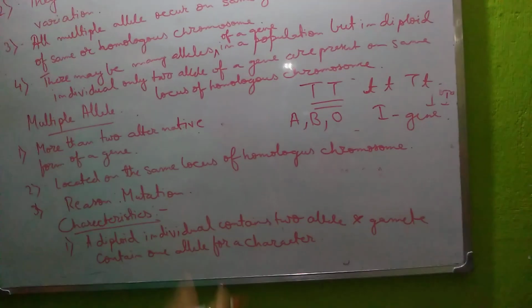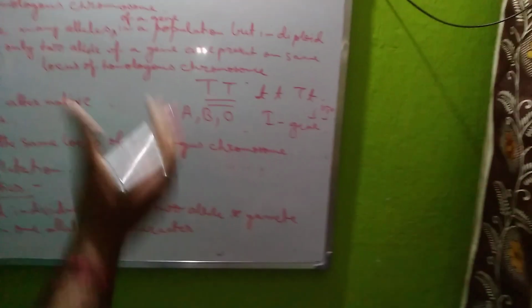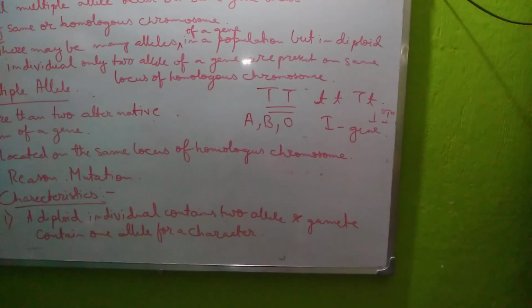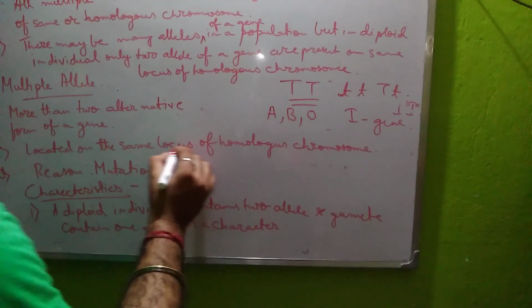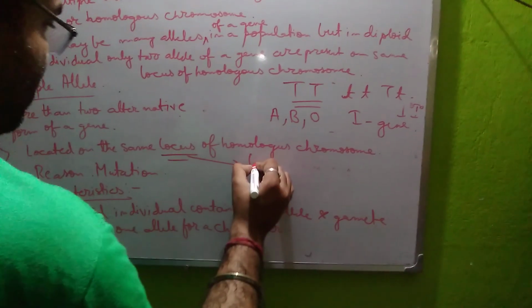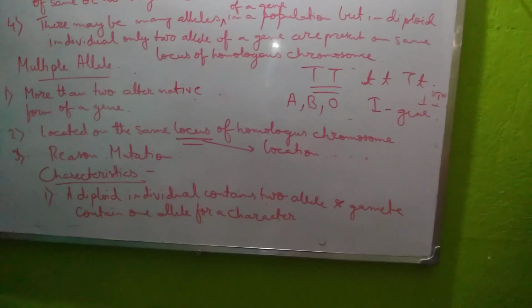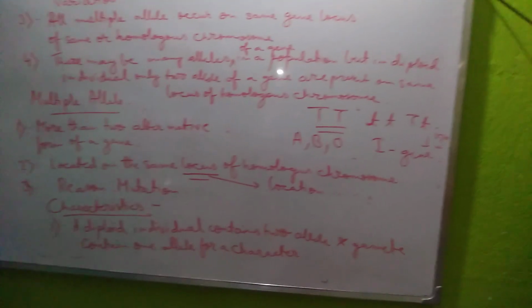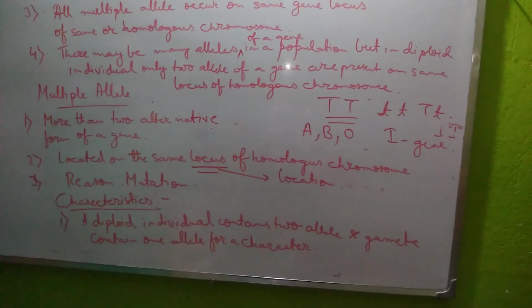So a single gene, when it has more than 2 alleles, we call it a multiple allele. And located on the same locus of homologous chromosome means, locus means location, on the same position of 2 homologous chromosomes. The reason is due to mutation, as I said, it's due to a change.